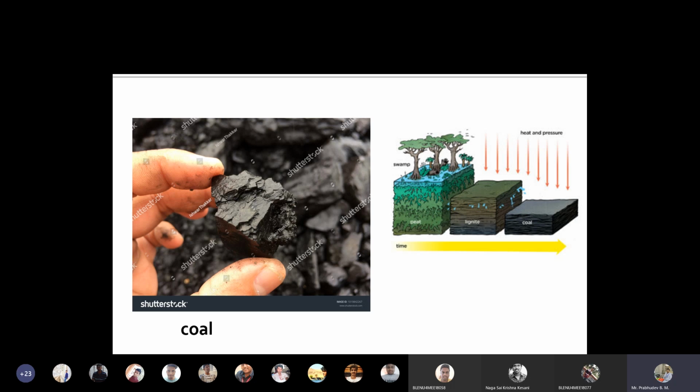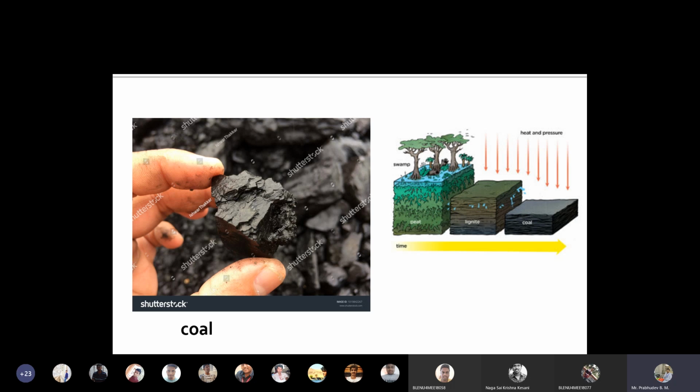Since this coal is available under the earth, we have to mine it, we have to get it from the ground. And one more thing I can tell you is that coal is used for generating power in power stations.